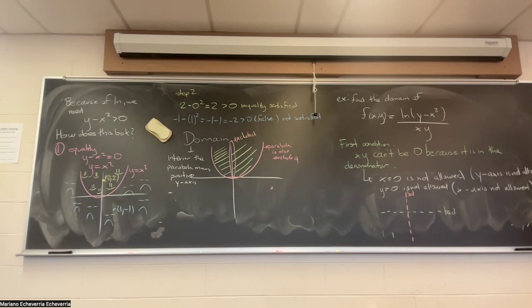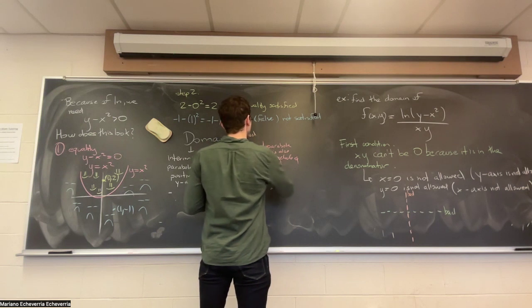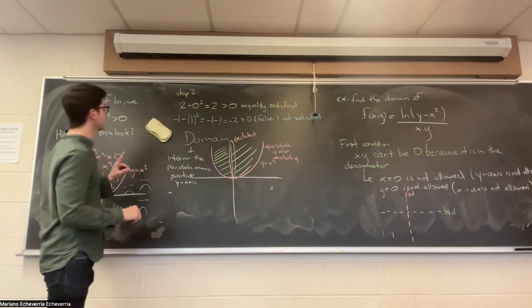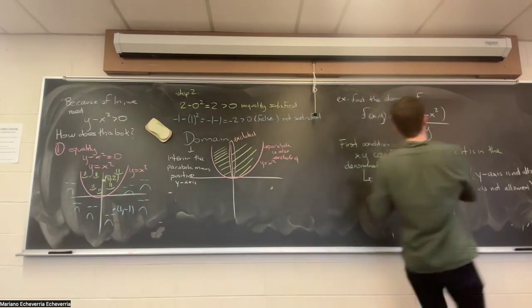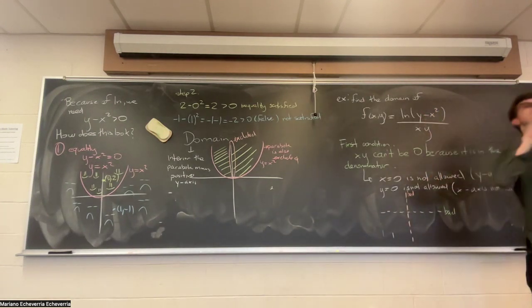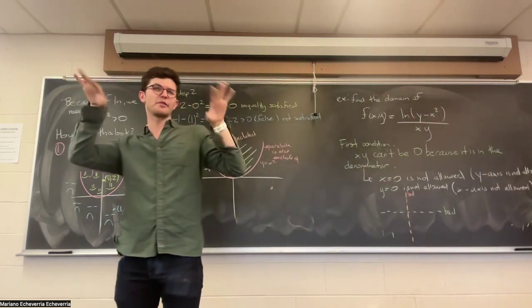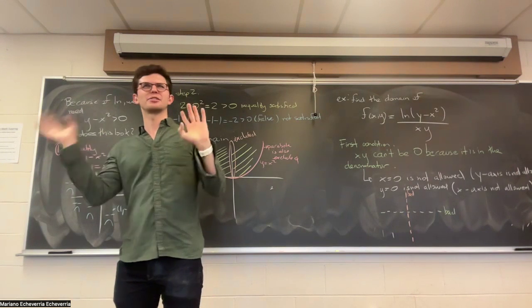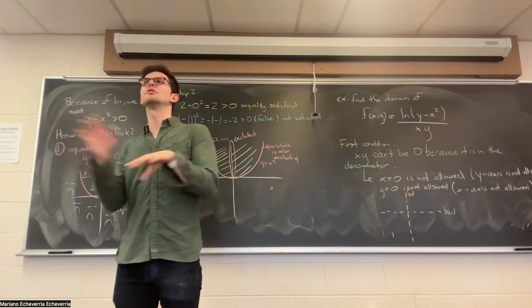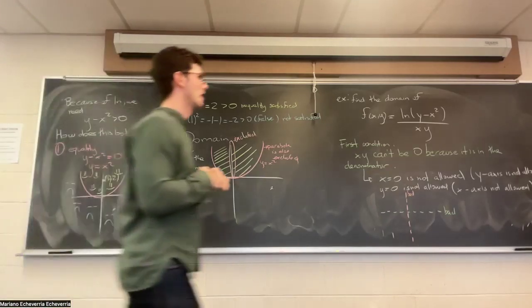Why is the parabola itself also excluded? Oh, right, good. Because this is when y equals x squared, right? But what happens when y equals x squared? If you go back here, this would become ln of 0. You could say ln of 0 is negative infinity, but you don't want to get into those technicalities. We want the answer to be an actual finite number.